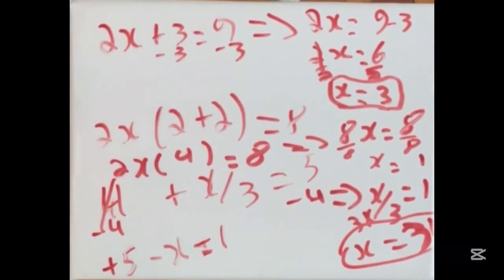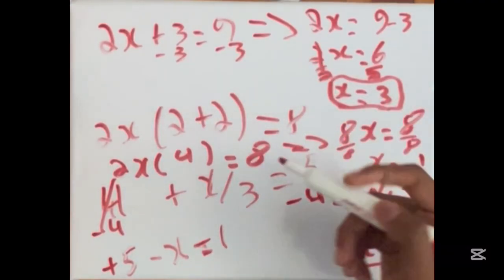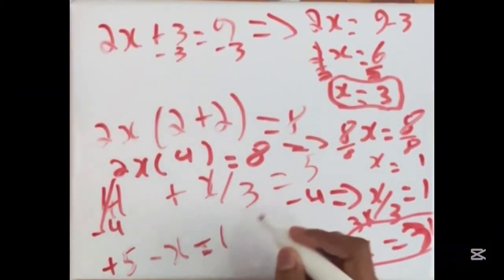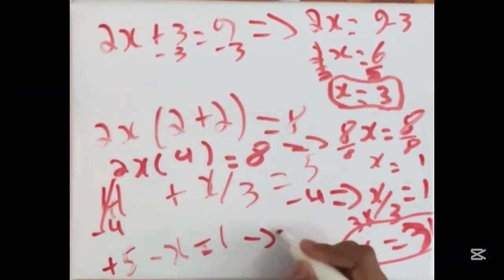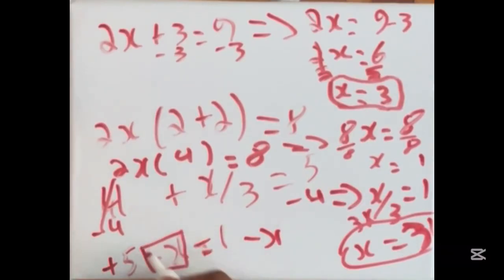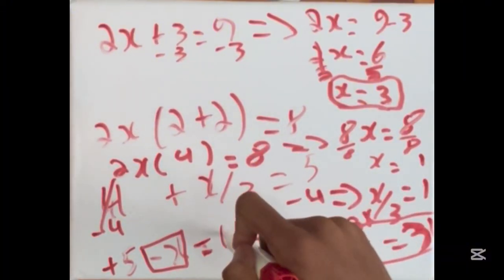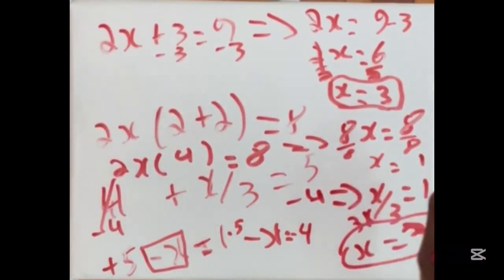So here we can start as we started all the other equations. We subtract 5 from both sides, which gives negative x, because we keep the sign, right? Negative x equals 1 minus 5, which equals negative 4, right? Remember the sign rules. If you don't remember the sign rules, you can watch one of my other videos that goes into that, because 1 minus 5 is negative 4, right?